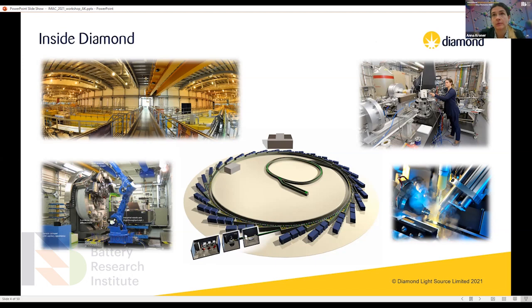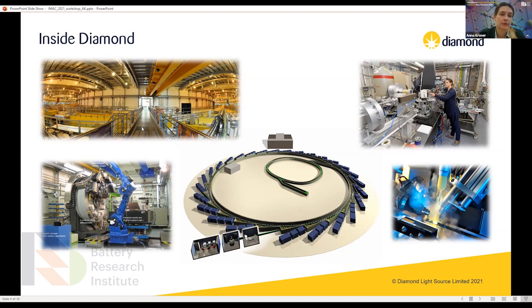Diamond started its operation in 2007. At that point we had only 7 beamlines fully operational, and gradually more beamlines were built. There were 3 phases, and by 2018 there were 33 fully operational stations at Diamond, and each of them is very unique.